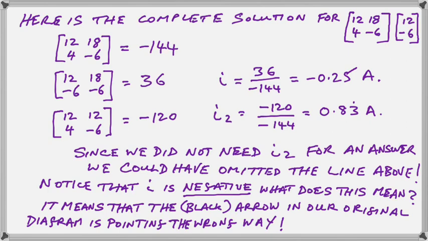So therefore, in actual fact, that black arrow that we put on the initial problem for you to solve is pointing the wrong way. With the values of those sources and resistors, the actual current that will flow is going to flow in the opposite direction to that black arrow, and that is why we have ended up with a negative sign in front of our current.